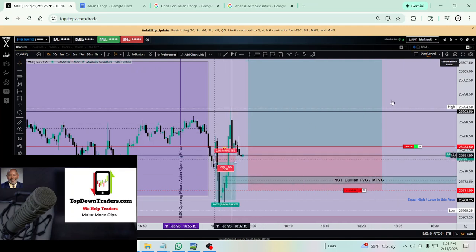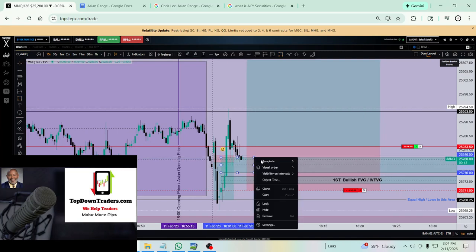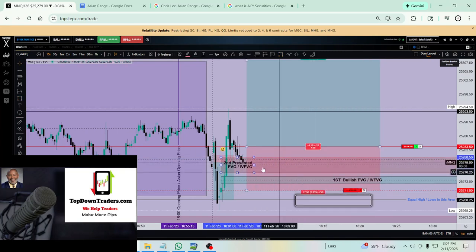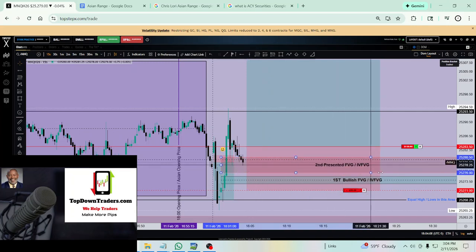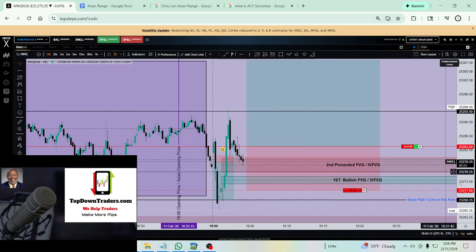And we have another fair value gap right here. This is the second presented fair value gap, but this one's actually bullish and not bearish. Let's see how this holds, if it holds at all.